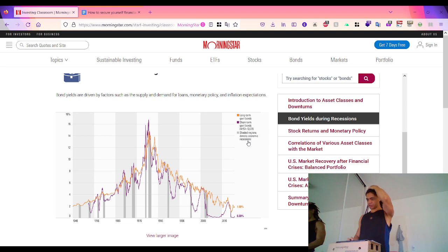And shaded regions denote economic recessions. 1946, economic recession.